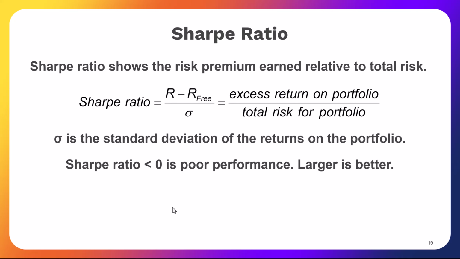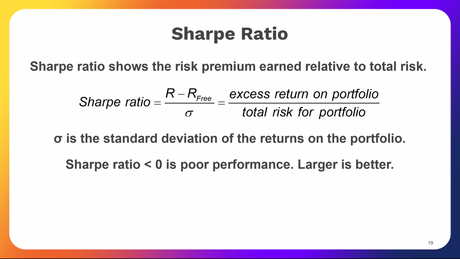The Sharpe ratio shows the risk premium relative to total risk. Very similar to the Treynor index, except now our denominator is standard deviation rather than beta. How can we find standard deviation? We can get that from historical data, and sometimes it is actually published.